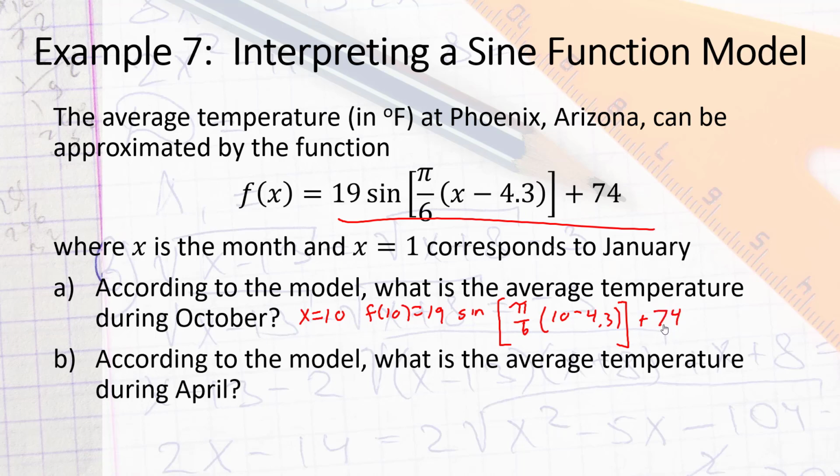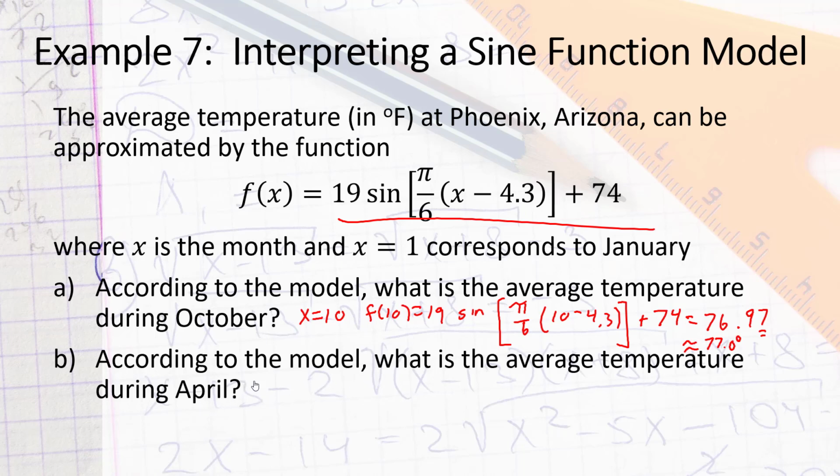Now, if you knock that out in your calculator, you will come up with 76.97 degrees. We want to round this to the nearest tenth of a degree, so since we have something greater than 5 in the hundredths place, this would round to 77.0 degrees.